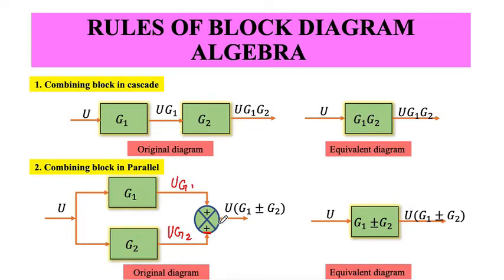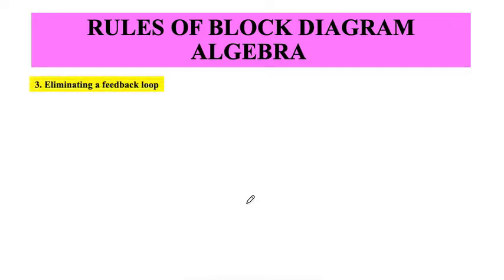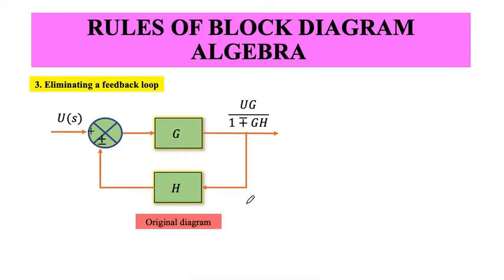Next, we also studied feedback interconnections, right? So we started with feedback interconnection. This is u as my input, this is my output signal y, and if I have negative feedback, I have a minus sign at the summation. If I'm having positive feedback, I'm having a plus sign there.